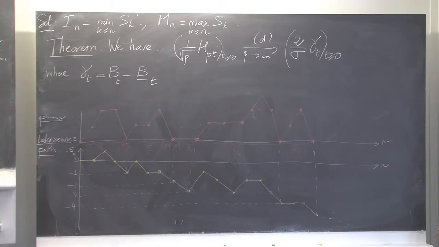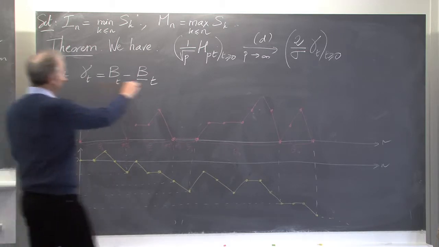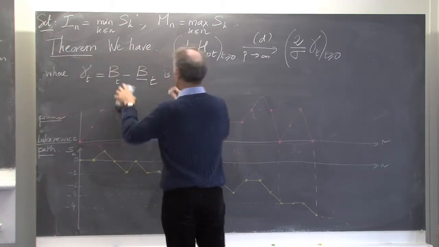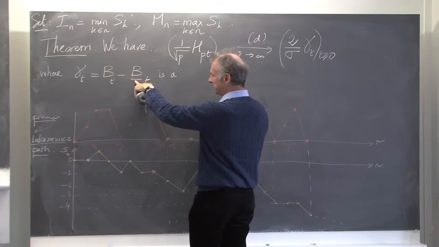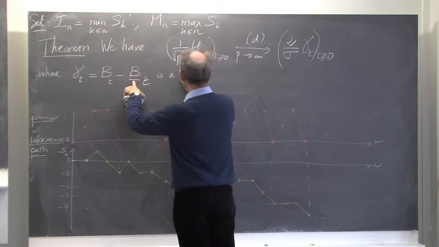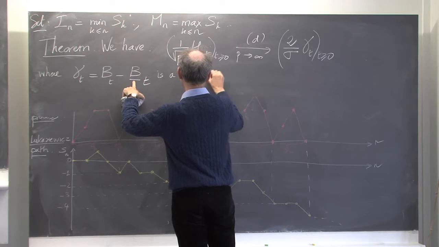And there is a standard result. I asked Dimash Elkak about that, and he told me that in the first semester he mentioned this result to you. So I hope you remember. When you look at a Brownian motion minus its minimum, this is in fact a reflected Brownian motion.